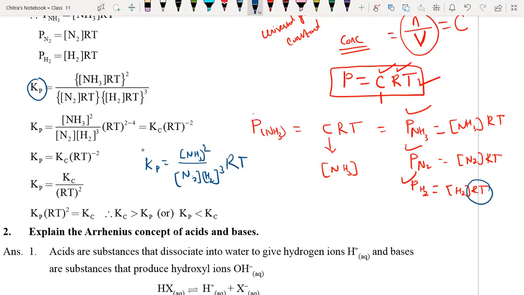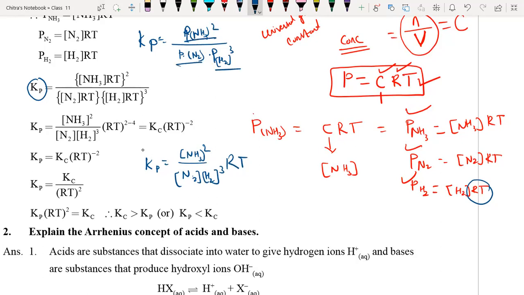We have the formula before that: Kp equals pressure of ammonia NH3 to the power 2 divided by pressure of nitrogen into pressure of hydrogen H2 to the power 3. Now we have to place values here.